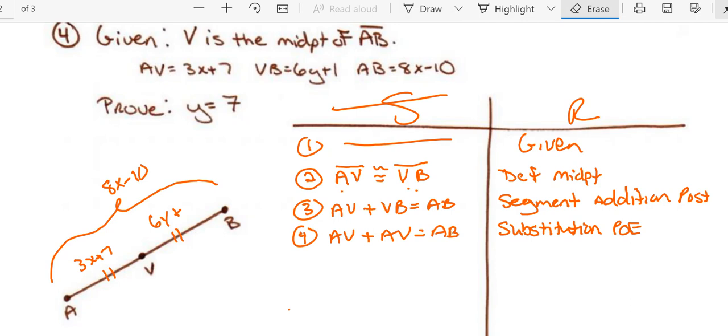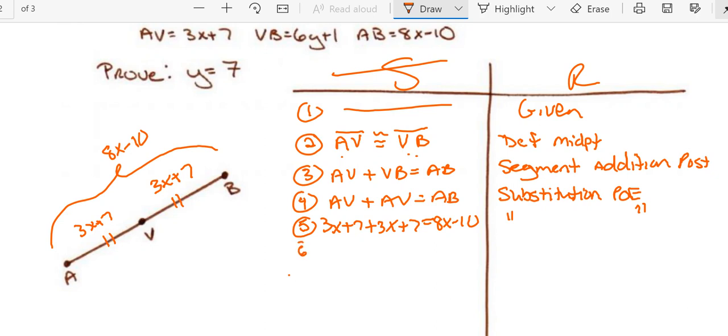Because of that, instead of the 6y plus 1 here, we could replace this with 3x plus 7, because that's what AV was. So for step 5, we're going to say 3x plus 7 twice equals 8x minus 10. And that's going to be the substitution property of equality again.